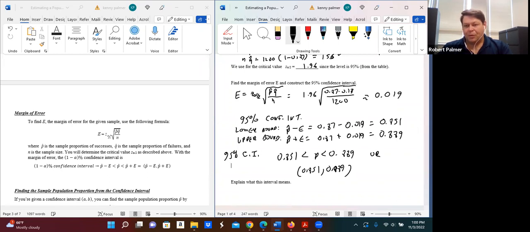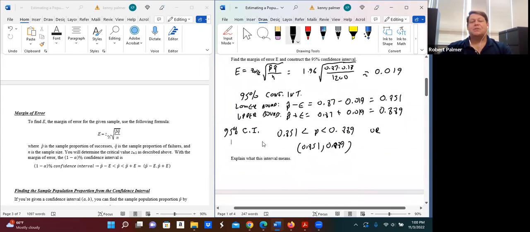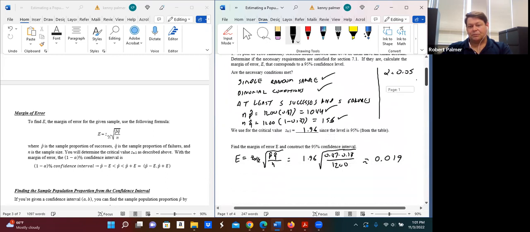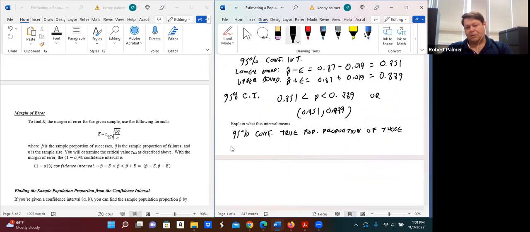Now, what does all this mean? Let's talk about it. To explain what this means, we may not write it down, but we'll say it: we're 95% sure, and that's the reason we put the P here, not the P hat, we're 95% sure the true population proportion of those with email accounts, that was the question, is between these values.